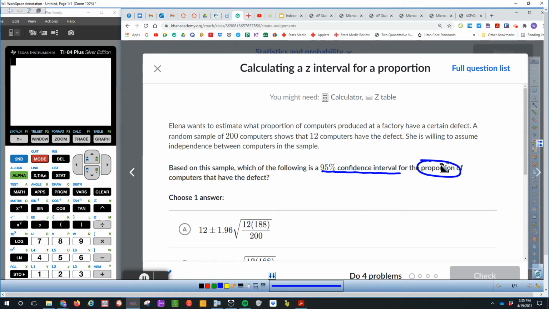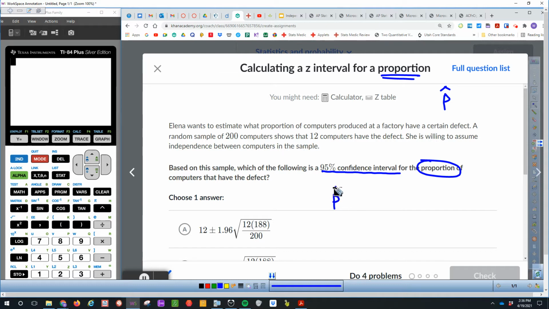It could be a true population mean, but in this case it's proportion. We do not have the ability to sample the whole population, and therefore we need a sample, and therefore we have a sample proportion.